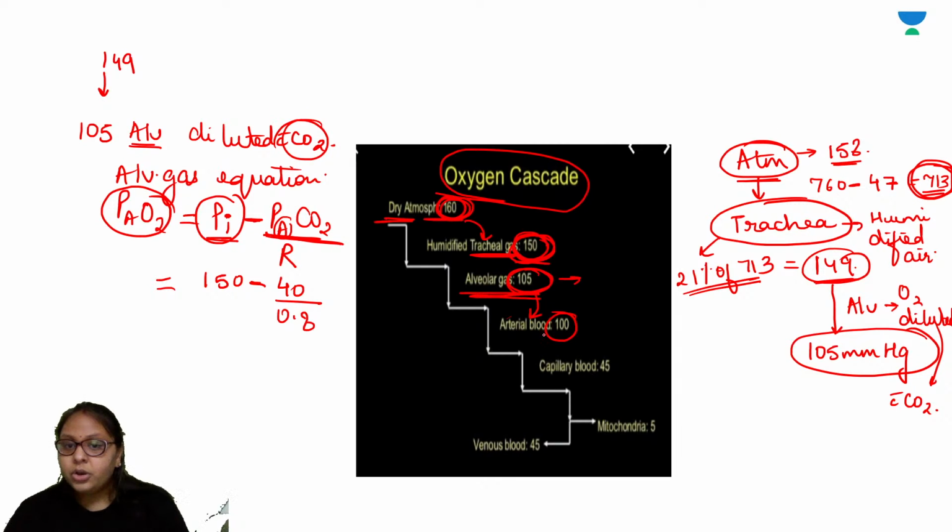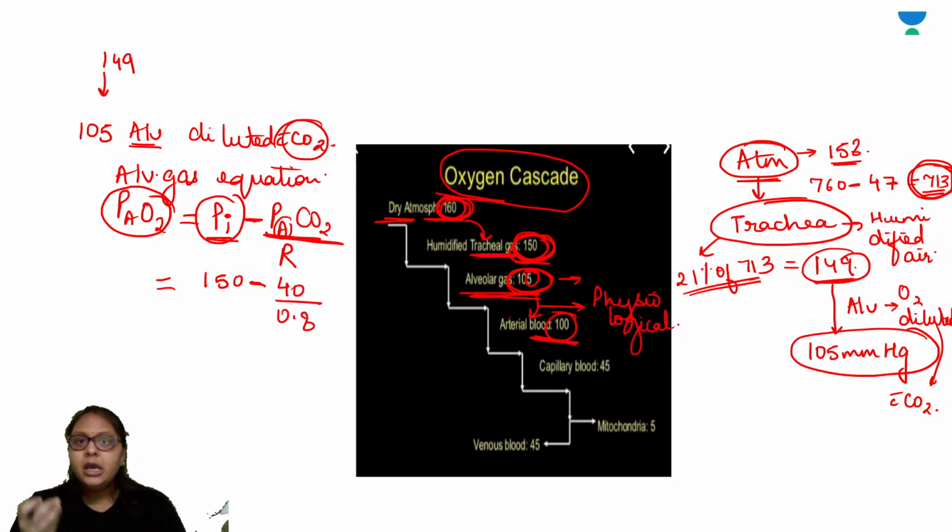Now जब ये alveolar गैस से आर्टीरियल ब्लड पे जाता है तो इसका देखा है it is 100. Now why there is drop of 5? This is because of physiological shunting. Are you getting my point? ठीक है, physiological shunting में क्या होता है?